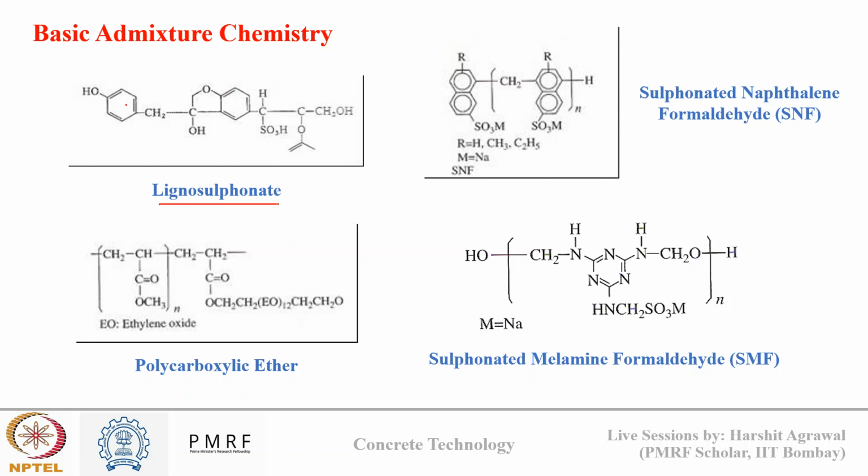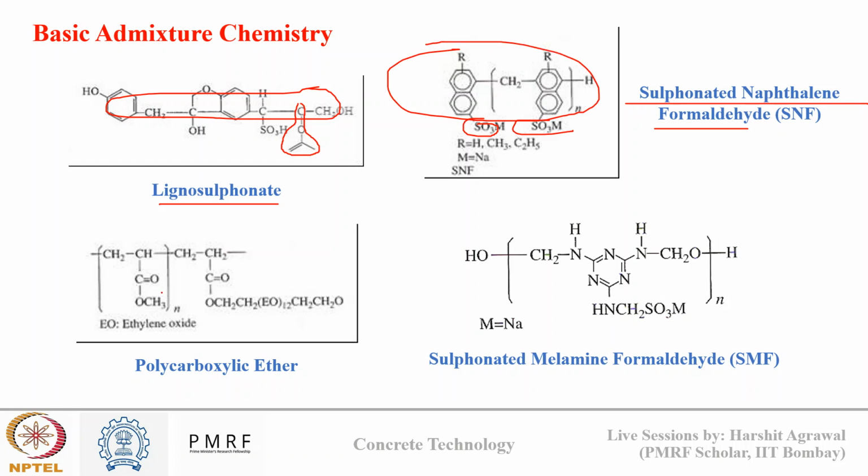We talked about lignosulfate. There's a long chain of polycarbon, hydrocarbon, and you have a hydrophilic group, CO. Here you can see the hydrophilic group. In SNF, sulfonated naphthalene formaldehyde, you can see this is the hydrophilic group, and this is the hydrophobic part. Here you can see this is the ester part which is hydrophilic, and the rest of the chain is hydrophobic.